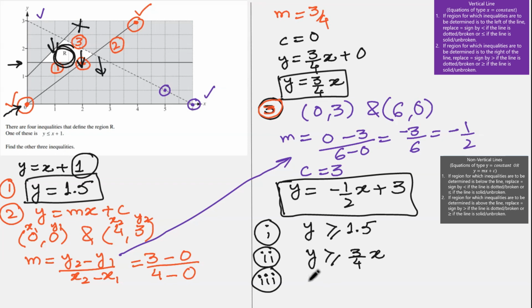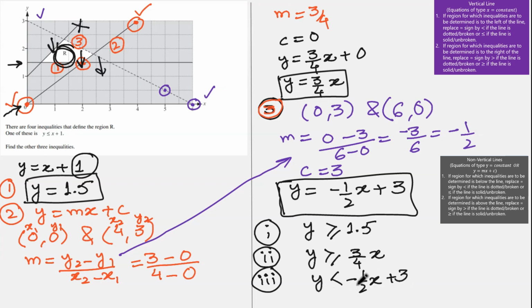And this line is a broken line, so you don't put the equal to sign now. Since this is below, it is less than. So y is less than minus half x plus 3.